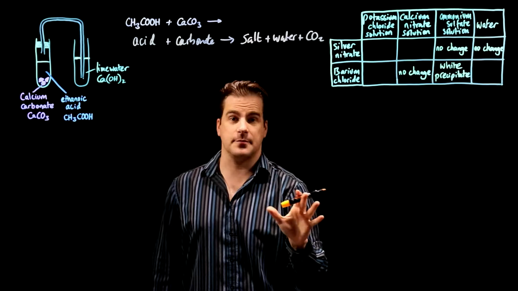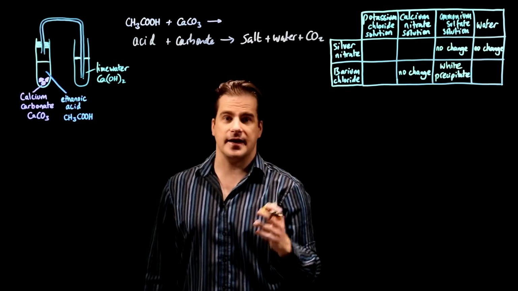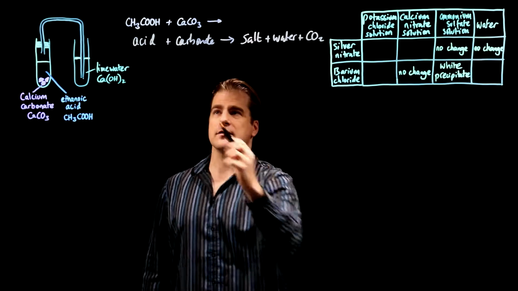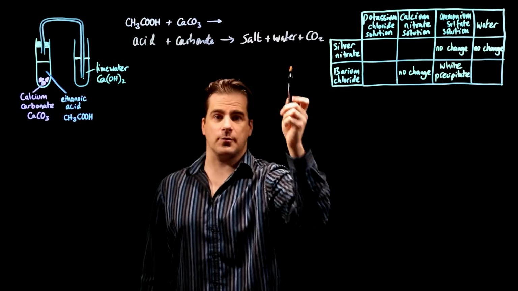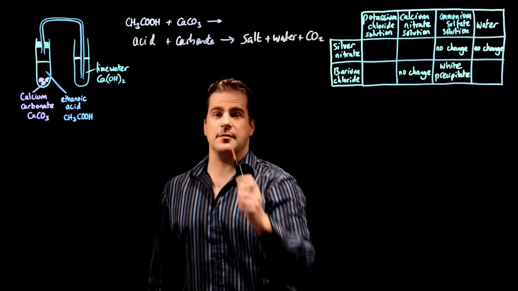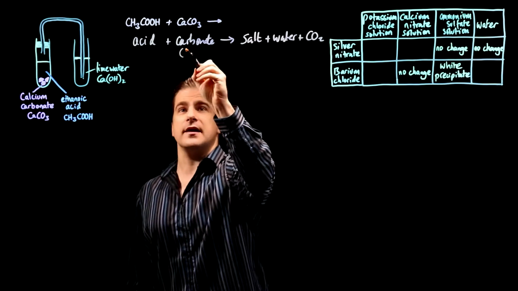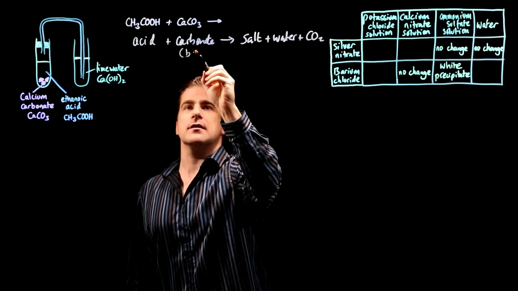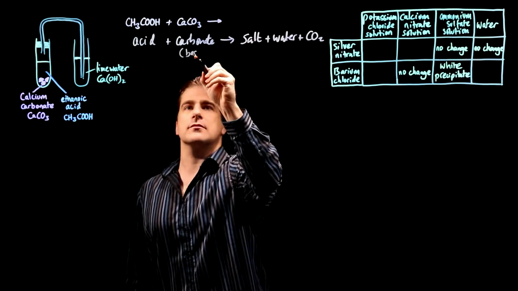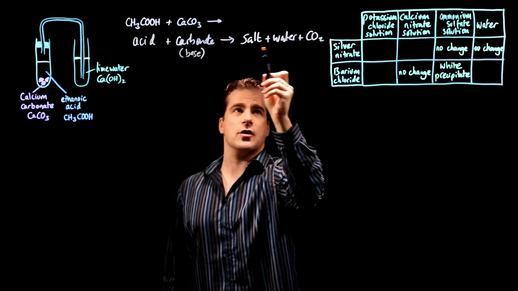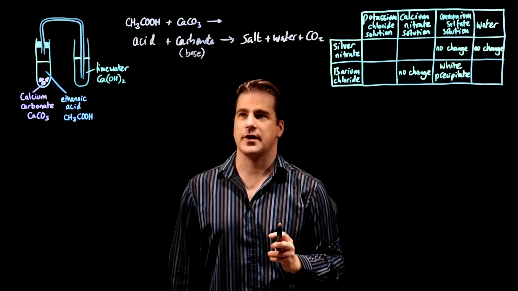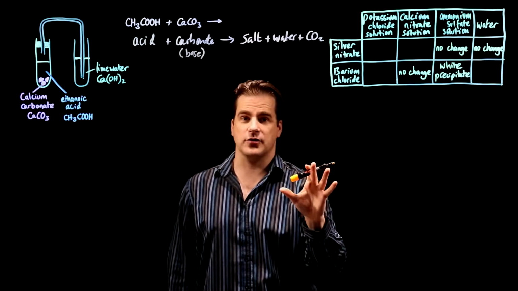It's a type of acid-base reaction. A carbonate is a base. An acid plus base goes to salt plus water, but acid plus carbonate, which is a base, goes to salt plus water plus CO2. Okay? Tattoo those on your brain right now.